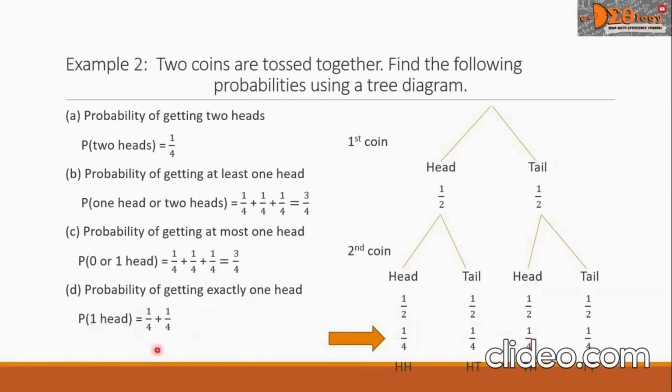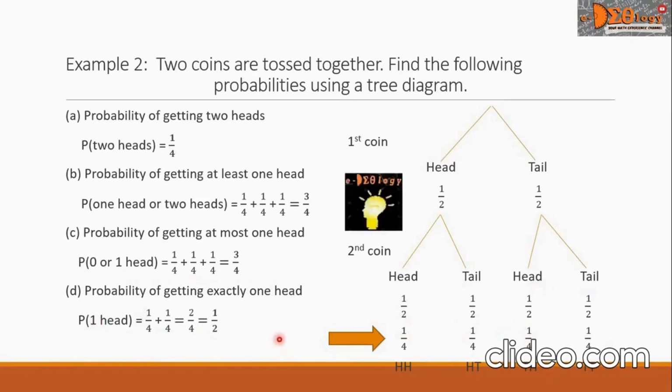So we have 1/4 plus 1/4 equals 2/4, and this 2/4 can be simplified into 1/2. So we are able to give the answers in all our problems in example 2.